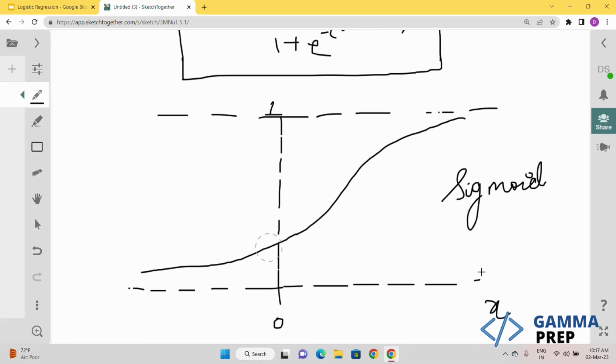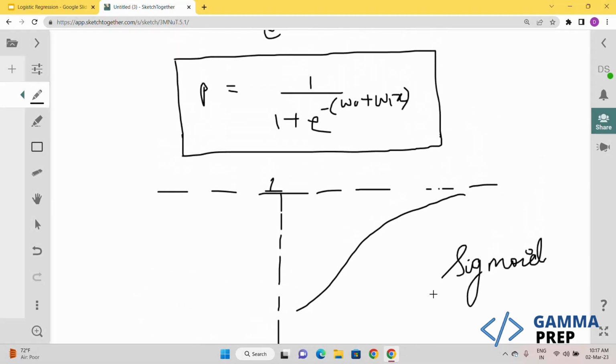We started off with y equals b0 plus b1x, or w0 plus w1x. But then what did we get? y equals 1 by 1 plus e to the power minus (w0 plus w1x). And minus is common for w0 and w1 both. Either you say it as 1 by 1 plus e to the power minus (w0 plus w1x), or you say that it's minus w0 minus w1x.